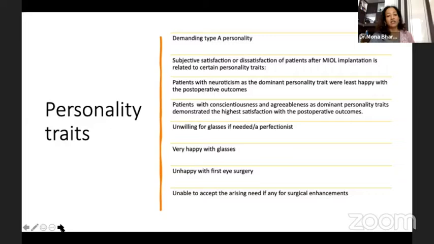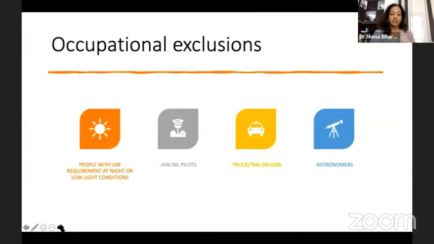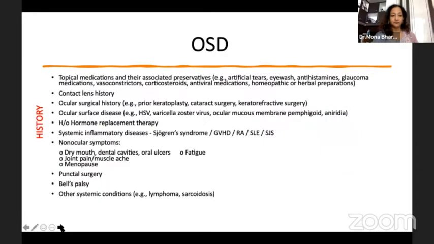Patients unwilling to wear glasses after surgery or unwilling for any surgical enhancements are not at all good candidates. People with job requirements at night or in low light conditions like airline pilots, truck or taxi drivers, astronomers are not able to tolerate glare and halos and should be excluded.